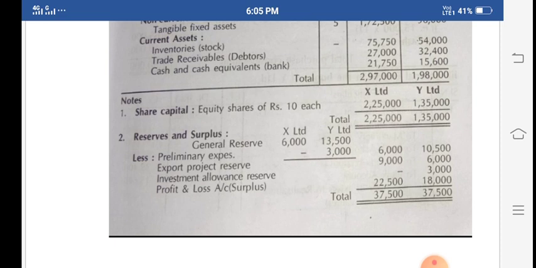For X Limited there are no preliminary expenses, so directly take the 6,000. Next, export project reserve 6,000, 9,000, 6,000. The total reserve and surplus for X Limited is 37,500. This is about note number 2.